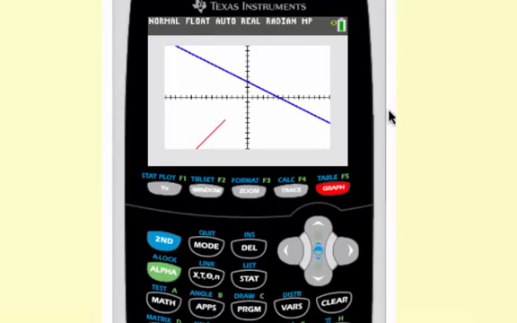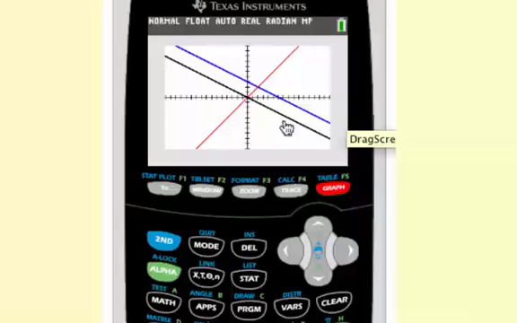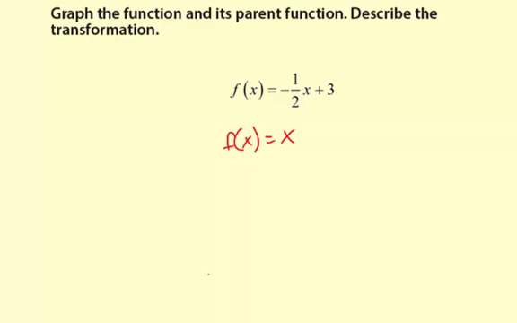So there's the given function, there's the parent function, and there's our black function, which is kind of like the in-between. Now what transformation is applied here to go from the black to the blue? It looks like a transformation of 1, 2, 3 up.